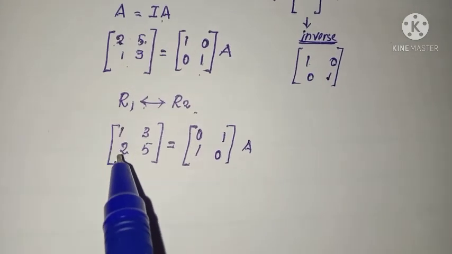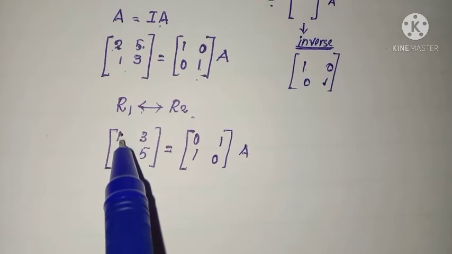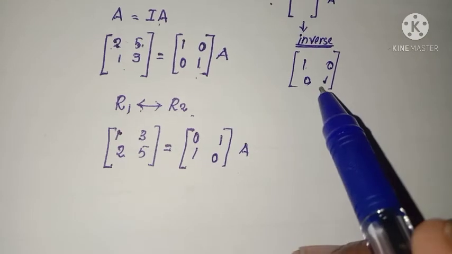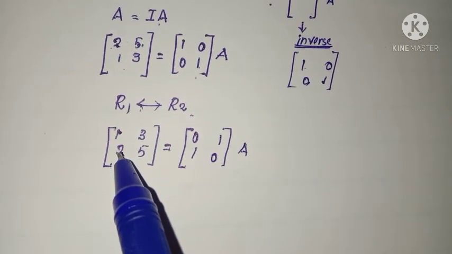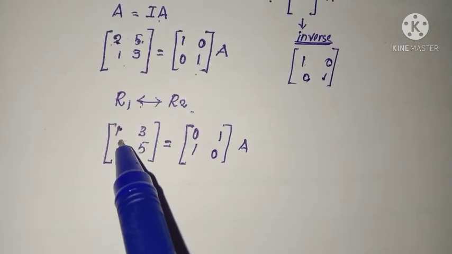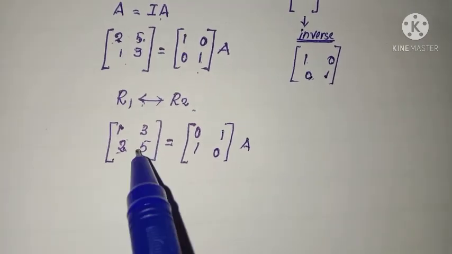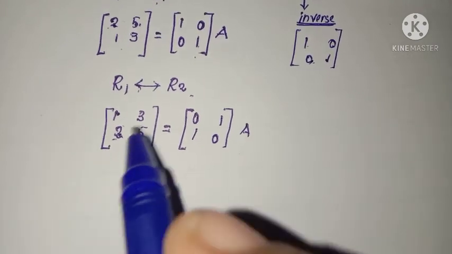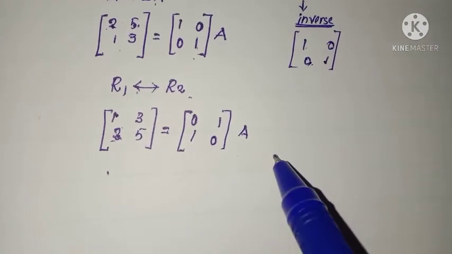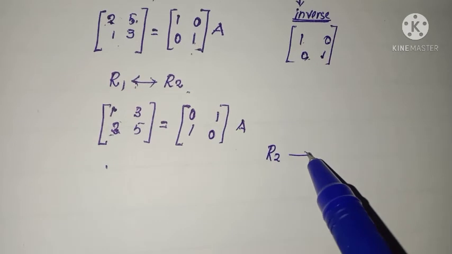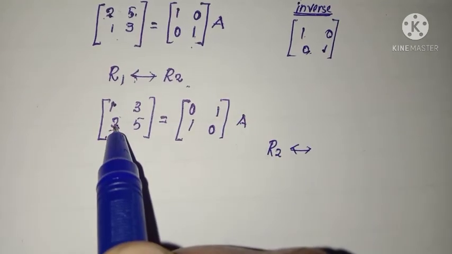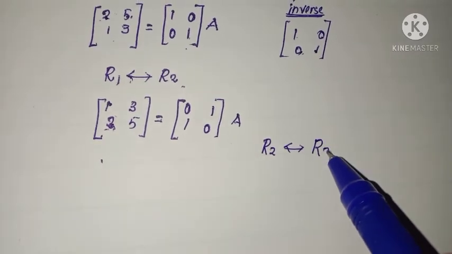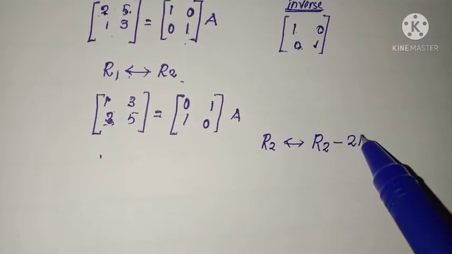Now the next step is, listen, to make this element 0. Look here. We want to change this 2 to 0. To make this 2 a 0, I am doing R2 changed to, because 2 belongs to the second row, R2 minus 2R1.